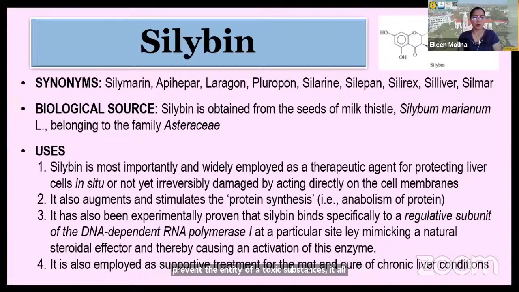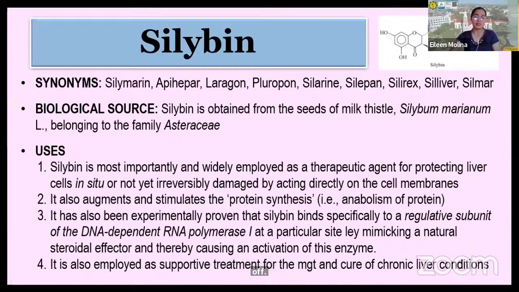It also augments and stimulates protein synthesis, the anabolism of proteins, thereby accelerating the process of regeneration and the production of hepatocytes. It also has been experimentally proven that silibin binds specifically to a regulative subunit of the DNA-dependent RNA polymerase, at a particular site, mimicking a natural steroidal effector and thereby causing an activation of this enzyme.